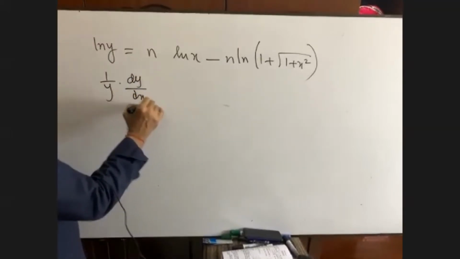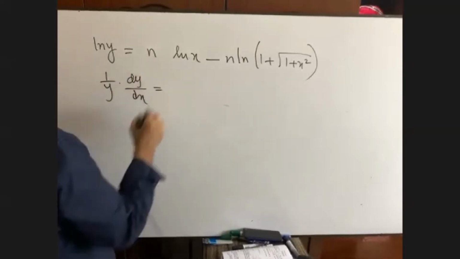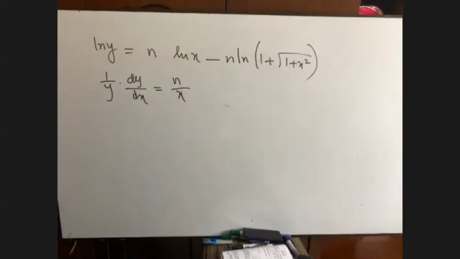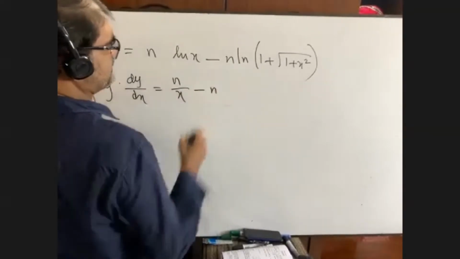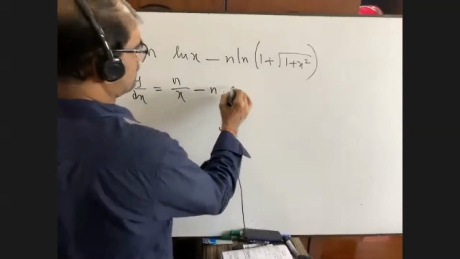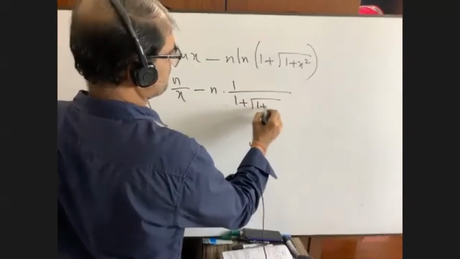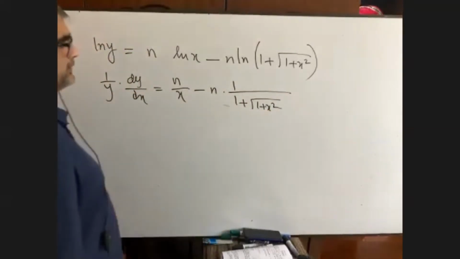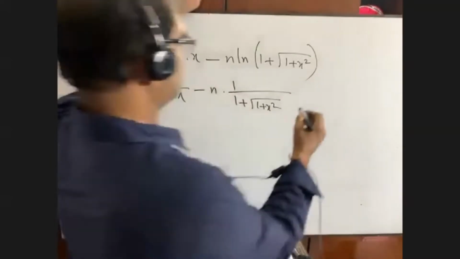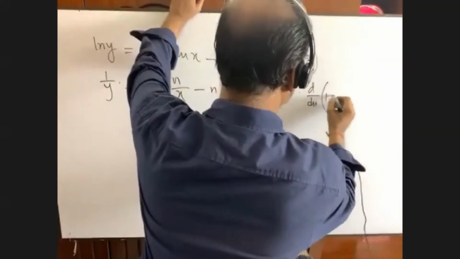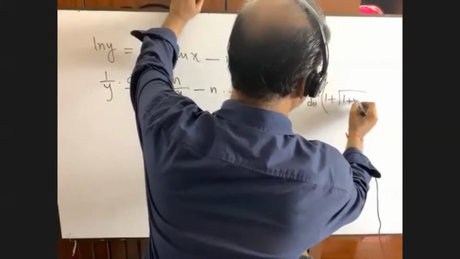dy by dx: ln x differentiated equals 1 by x, so it is n by x, right? It is minus n. ln x means what? 1 by x. Then it is d by dx of ln(1 + root over 1 plus x square).